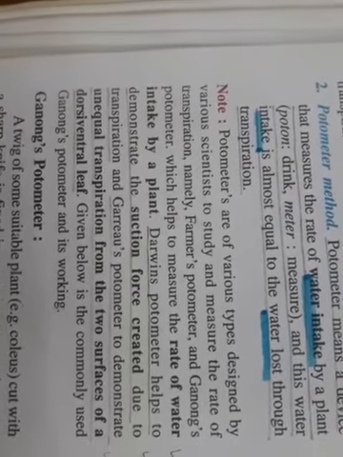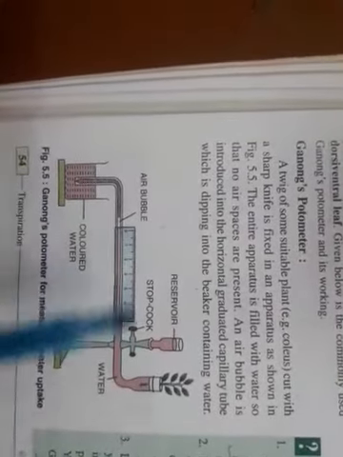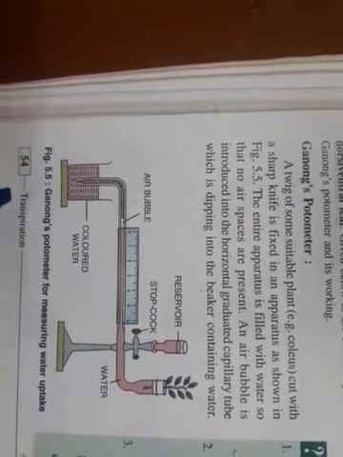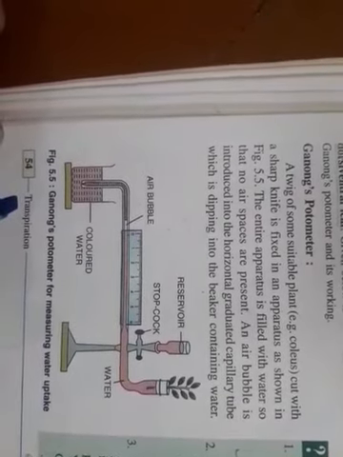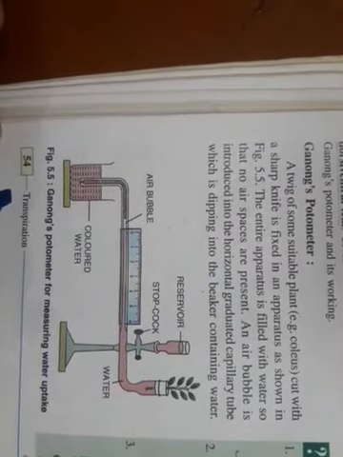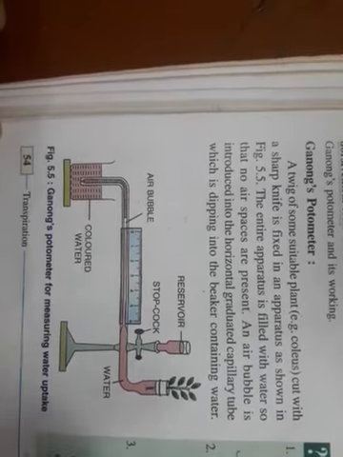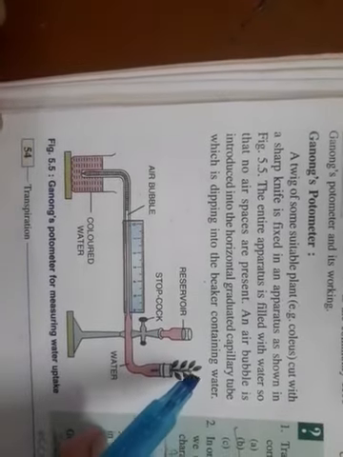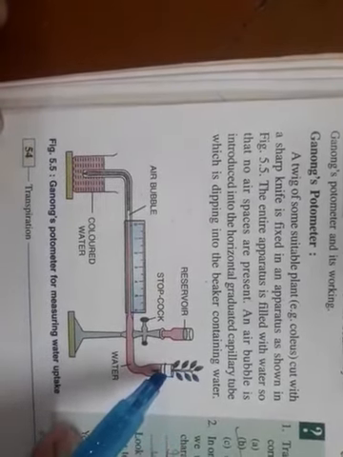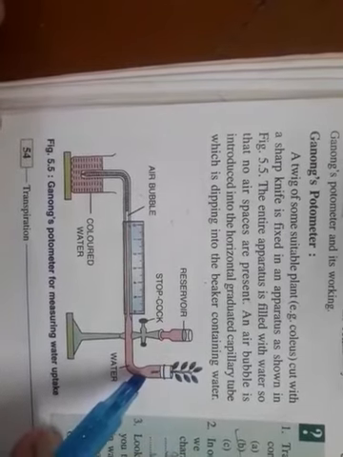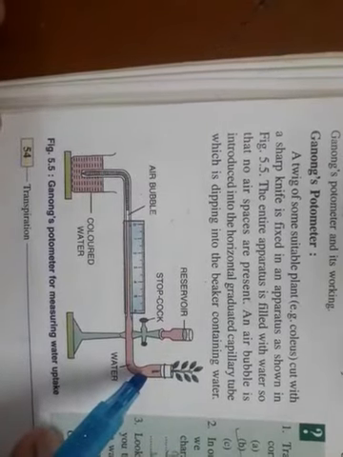Ganong's photometer. Can you see this diagram? Observe it carefully. You have a twig of a suitable plant. You see here there are no roots.